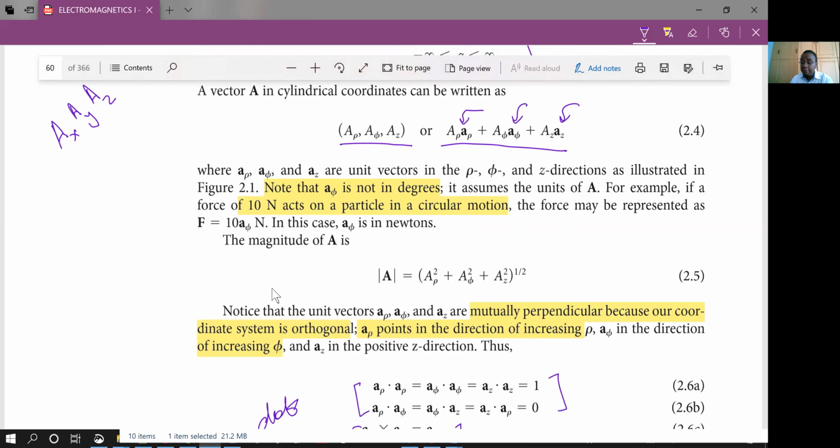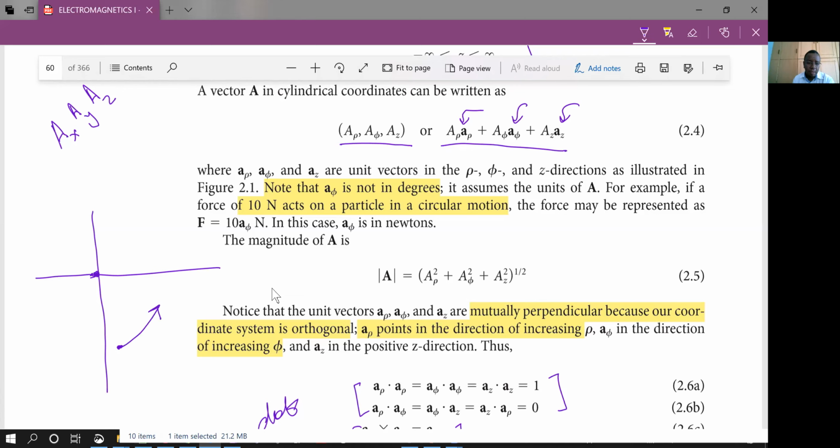Now note that a phi is not in degrees. It has the units of the vector that it describes. And we are giving an example here that if a force acts on a particle in a circular motion, so assume that this is my coordinate system, and I have a force that is acting on a particle here in a circular motion.